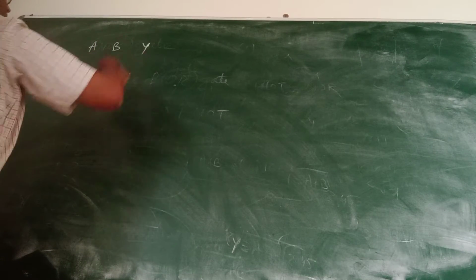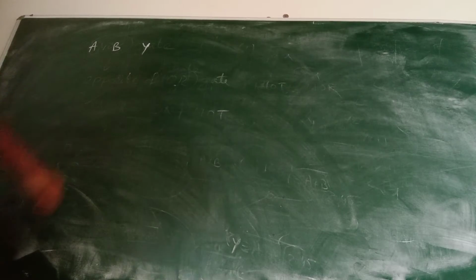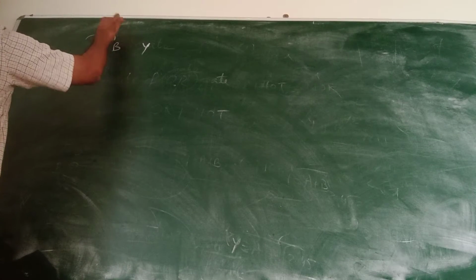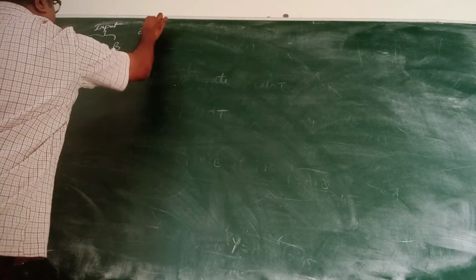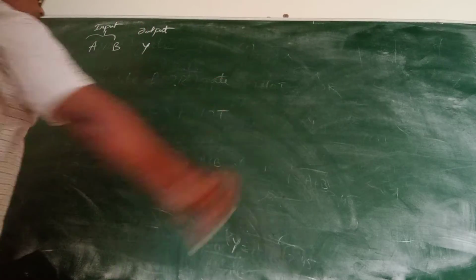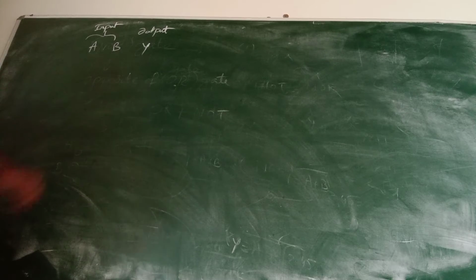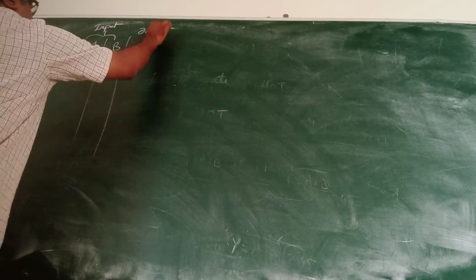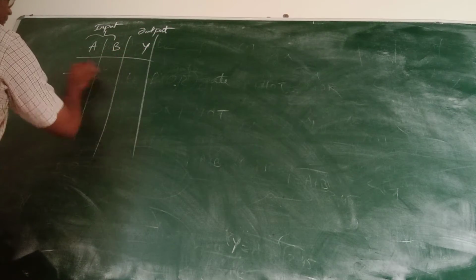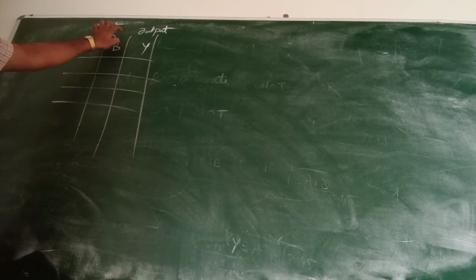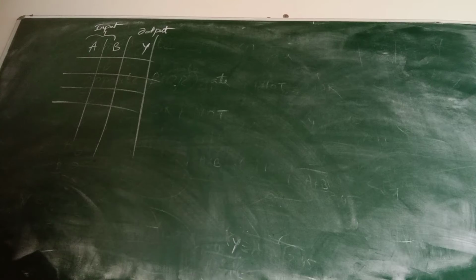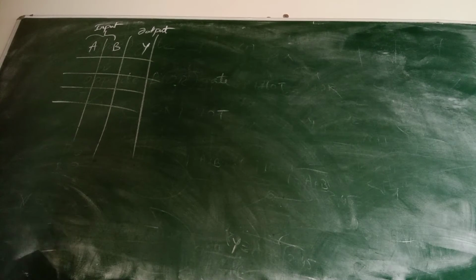OR gate truth table. Truth table means what is the input? This is the input part, this is input and this is output. Okay, just draw these lines. Remember, in OR gate, if you have to get the high signal, one of them have to be a high signal.